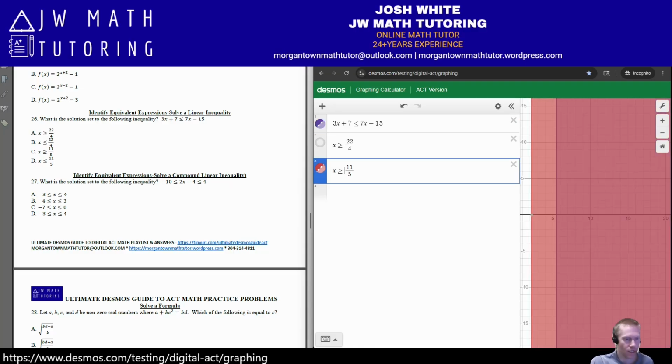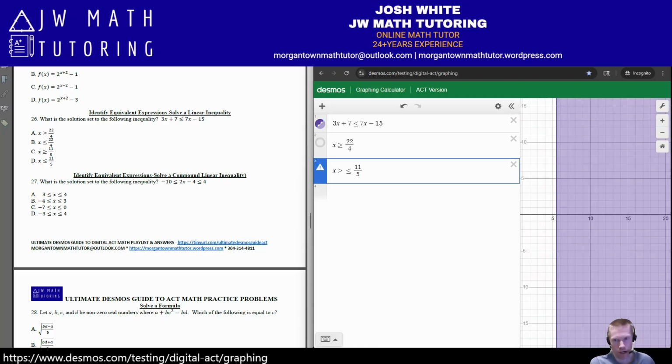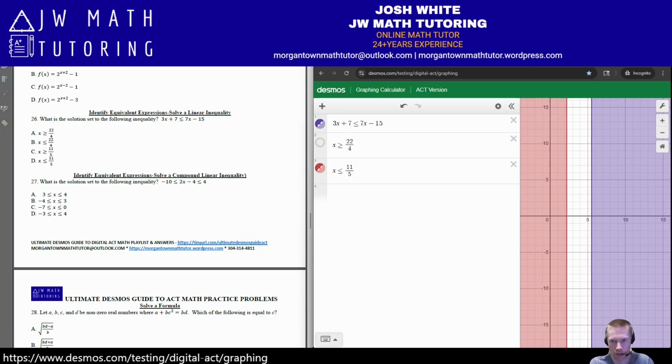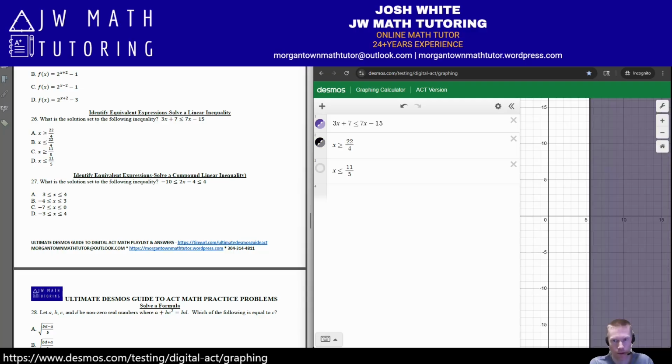So that's obviously not it. And then if I flip it the other direction, notice again, it's not overlapping. That's wrong. So we can clearly see the correct answer is going to be letter A. And so for a single linear inequality, this is how you can solve it by matching equivalent expressions in Desmos.